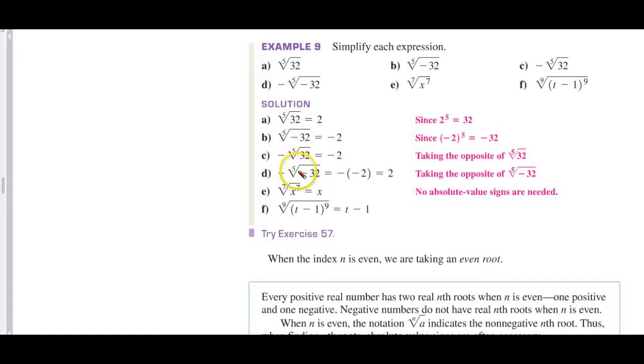Now here we have a negative 2, where we then apply the negative, so this ends up being a positive 2. And here we have, using that little technique we talked about, 7 over 7 is 1, so that's just x.